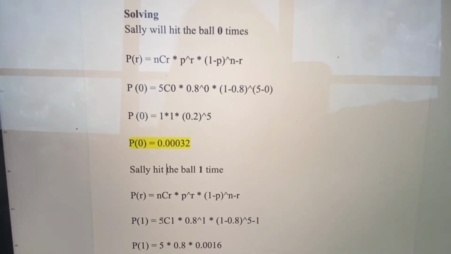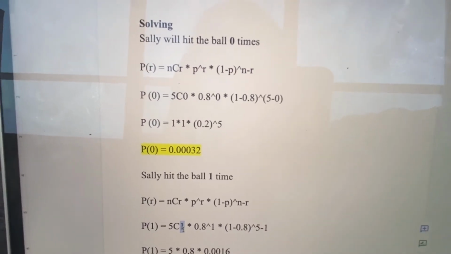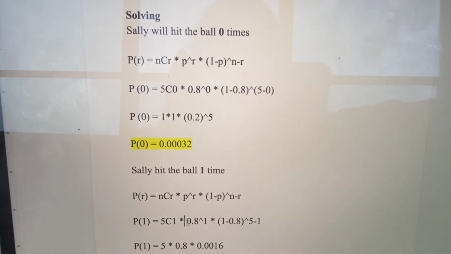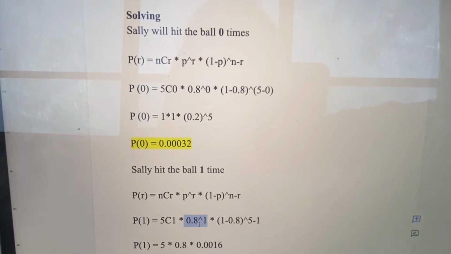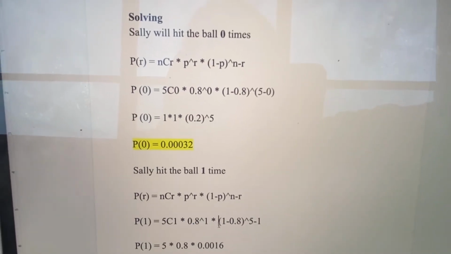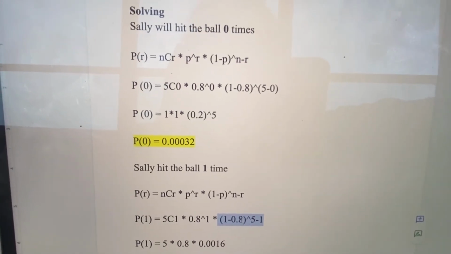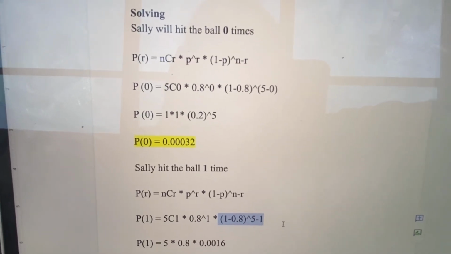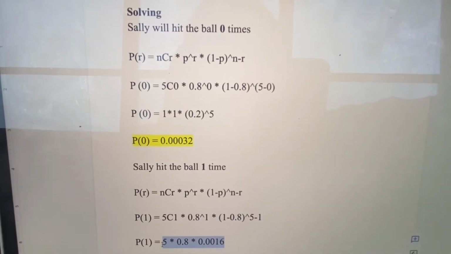She's still having 5 total attempts, we're trying to find out the probability of 1 successful attempt. So we're going to use 0.8 to the power of 1 because we're going to find out the probability she's going to hit the ball once. And then we're going to find out the probability that she's going to miss the ball 4 other times. So you should end up with something like this.